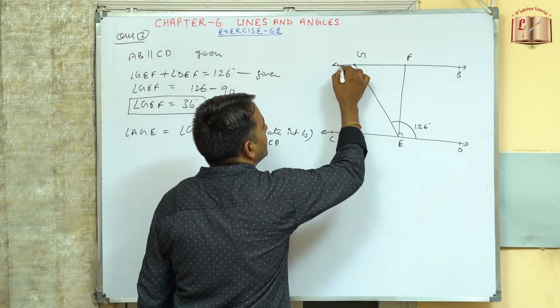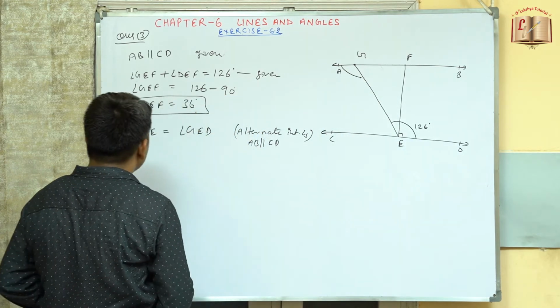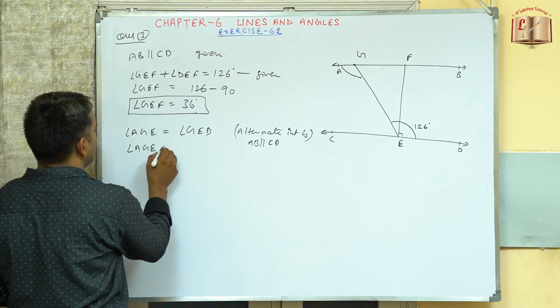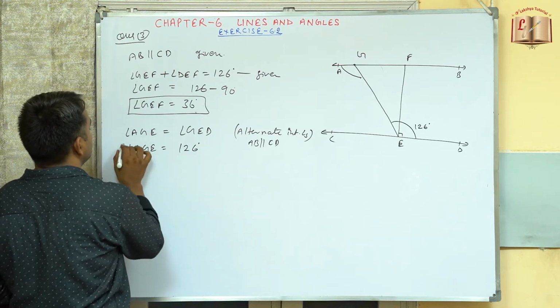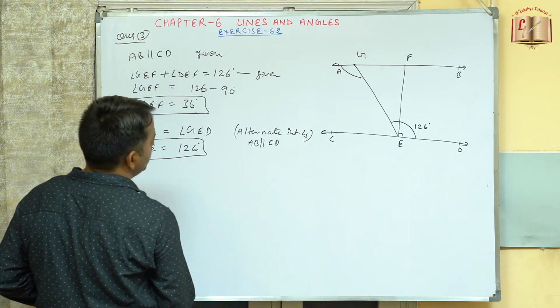Therefore this angle and this angle, both will be alternate interior angles. So angle AGE will be equal to 126 degree.